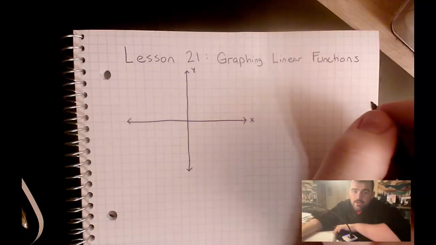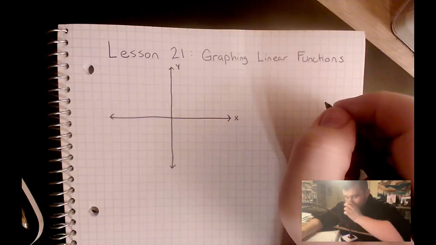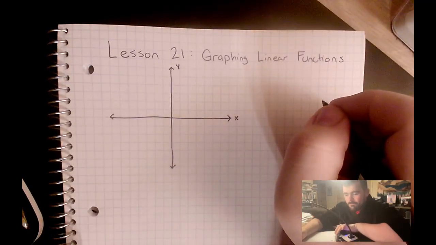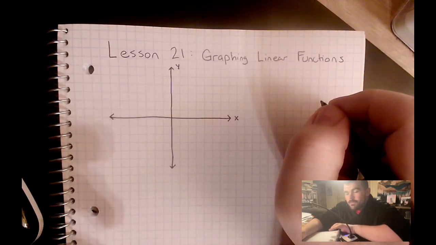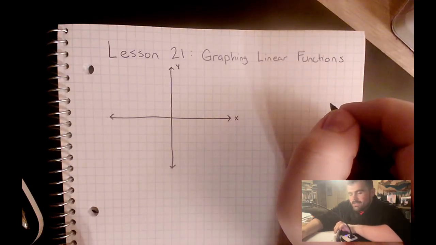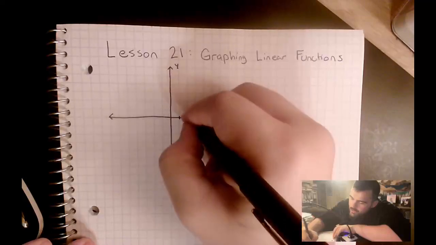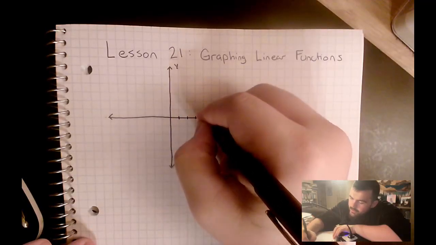As we are graphing these, we're going to want to keep on drawing these. Now, we are supposed to label the x and y axes with little tick marks, like so.